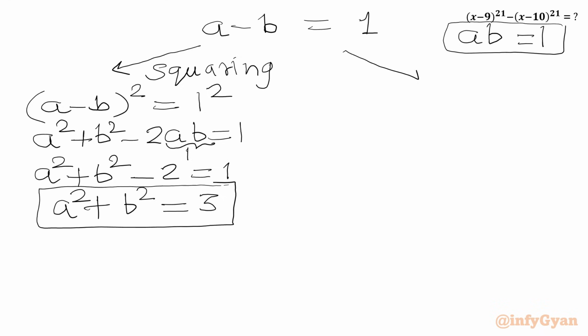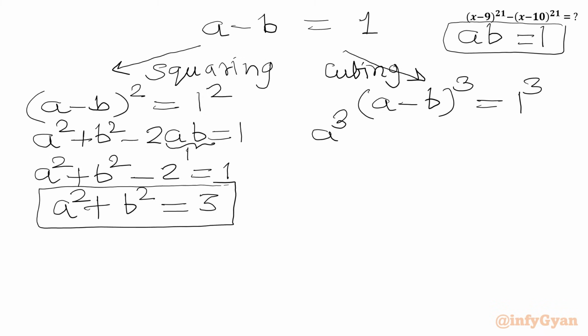Now we will cube both sides. So after cubing both sides, we will get a minus b whole cube equal to 1 cube. We will use algebraic formula a minus b whole cube, a cube minus b cube minus 3ab times a minus b will be equal to 1.